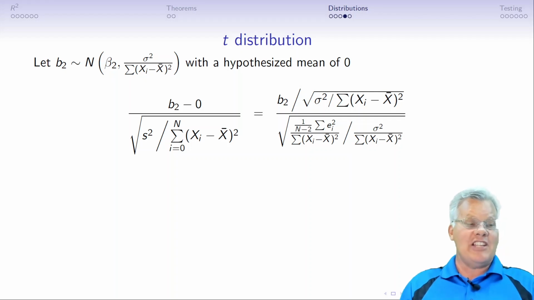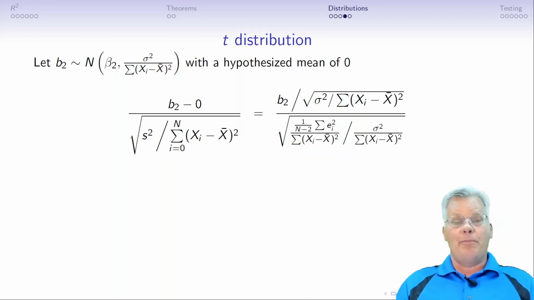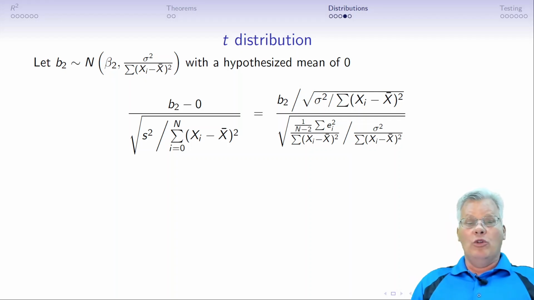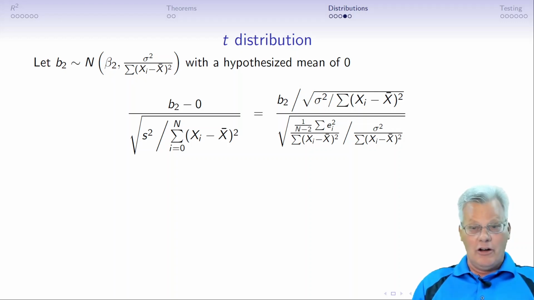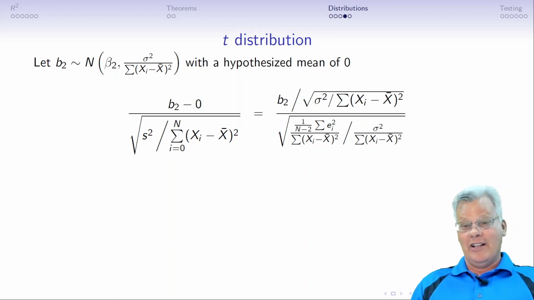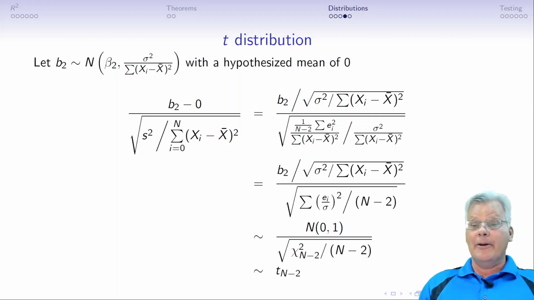So I'm going to go through the same playbook as I did with the previous slide. What I will do is divide both numerator and denominator by the true unknown standard deviation of B2. So that's with sigma squared instead of s squared. So I've divided that out of both the numerator and the denominator.